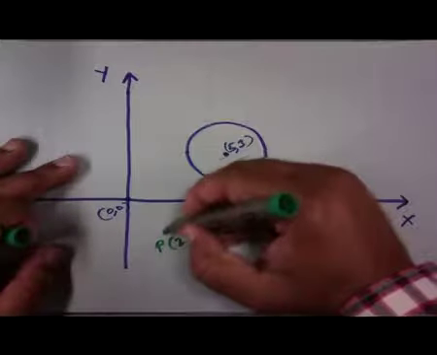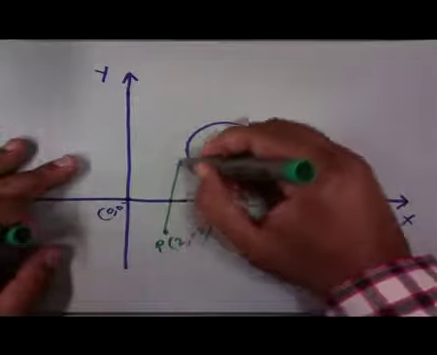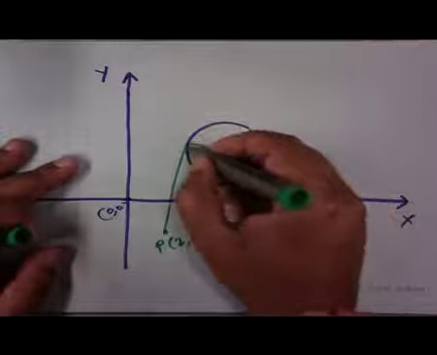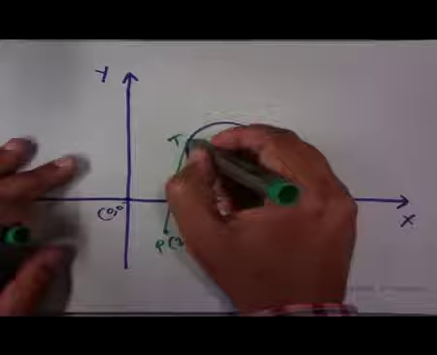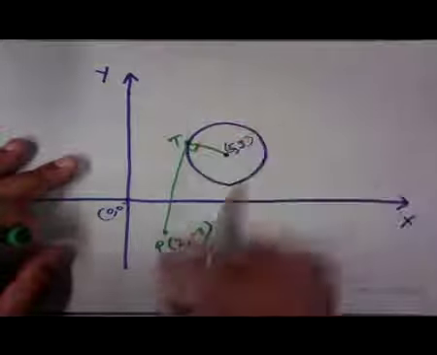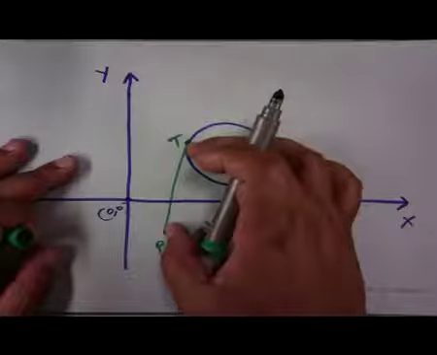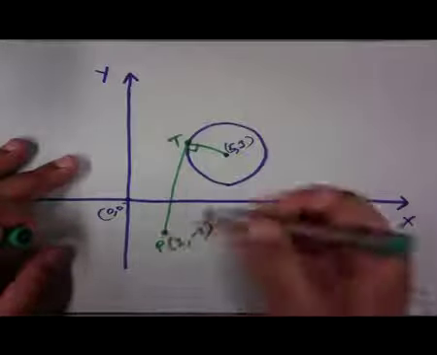So, this will most likely be the tangent. So, the power of this point P is the square of this length PT.